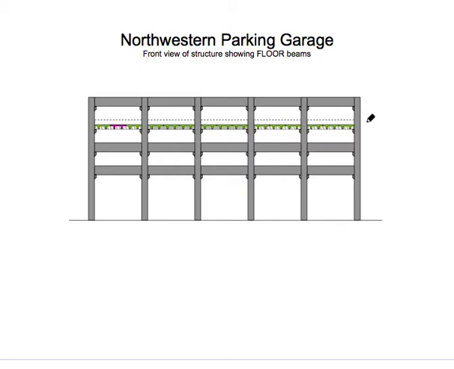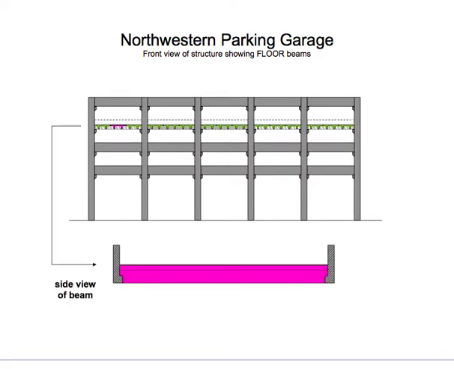So that's what we see here as we look at the front part of this parking garage. Here, if I peel away the horizontal support beams there on the front from this particular floor, we see the floor beams. These floor beams are beams that are sort of pi shaped, the symbol pi. Again, that's what carries the load of the car.